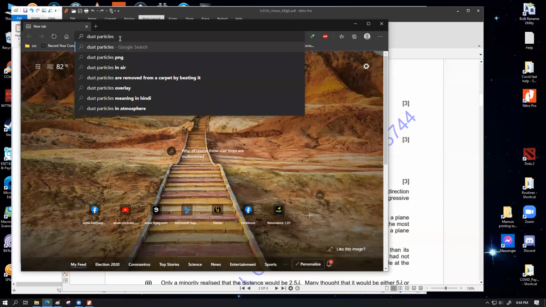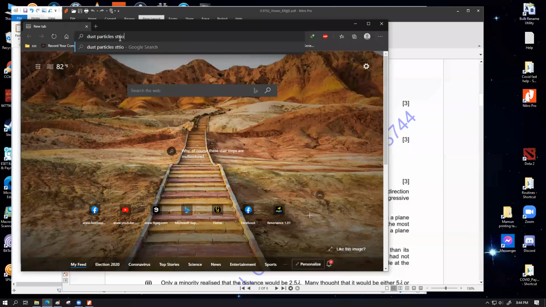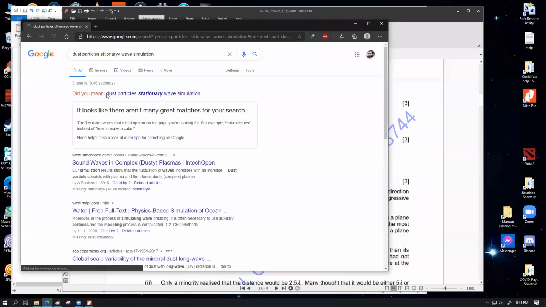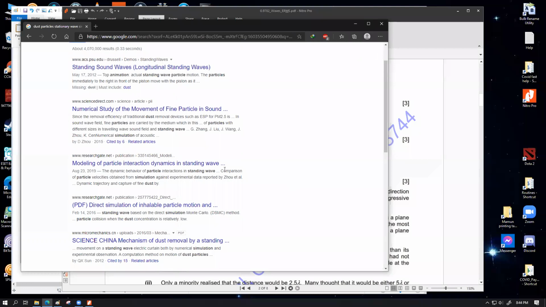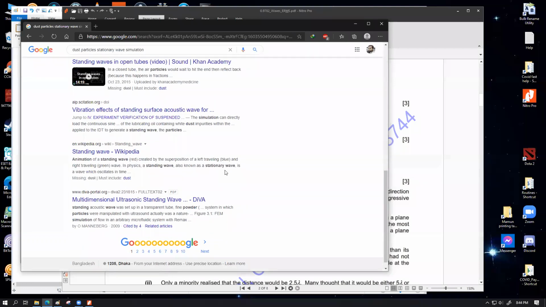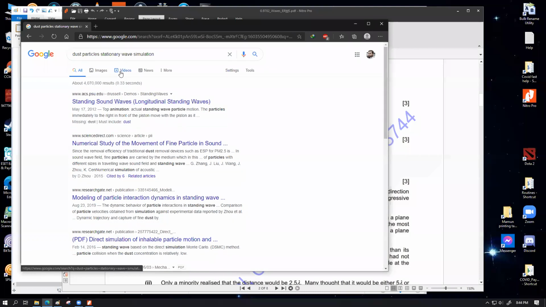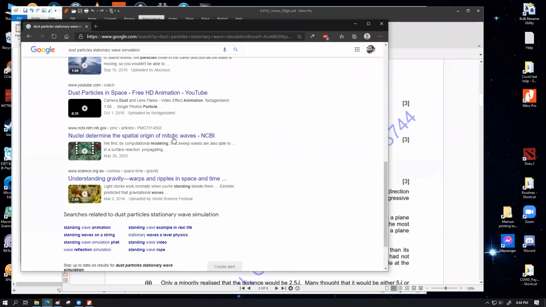Dust particle, stationary wave. Do we have a video for this?